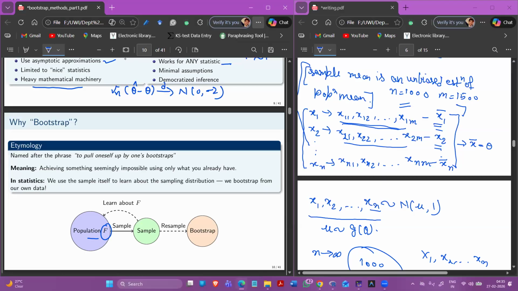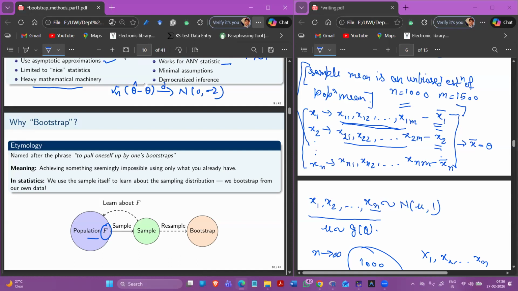We cannot find the CDF of the population directly from the population, because we never have the complete population when we are going for statistical inference. So if we don't have the population, how can we find the exact distribution function of the population, right?